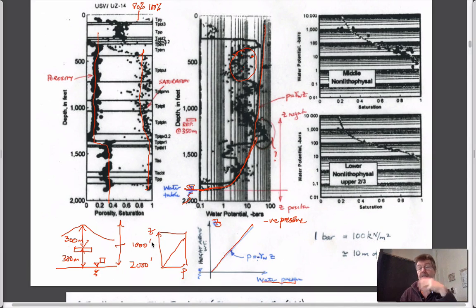And it's exactly the same as the magnitudes that we looked at on our previous curve: the magnitude of this water potential is basically equal to the negative pressure that it would take to hold a column of water at this point, equal to the height above the water table. In this case, I guess it would be 1,750 feet tall.